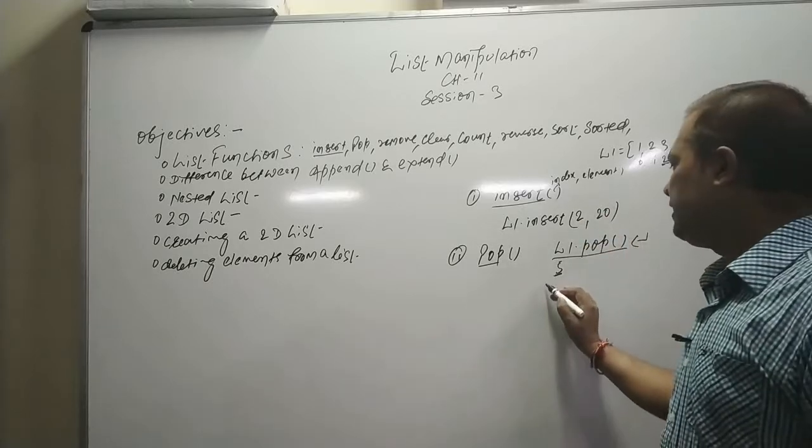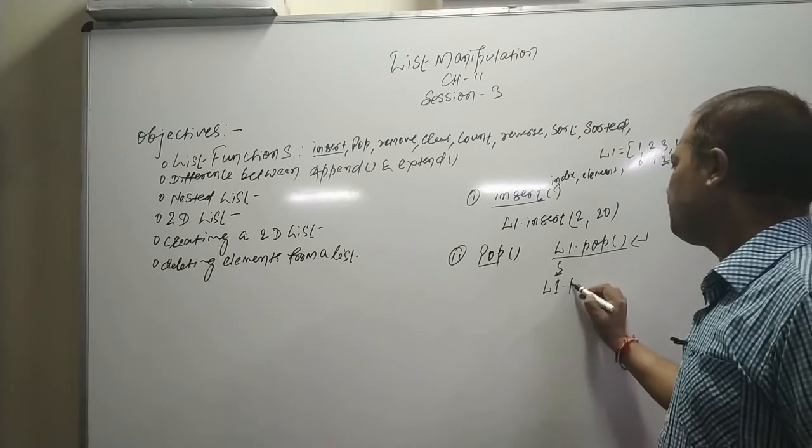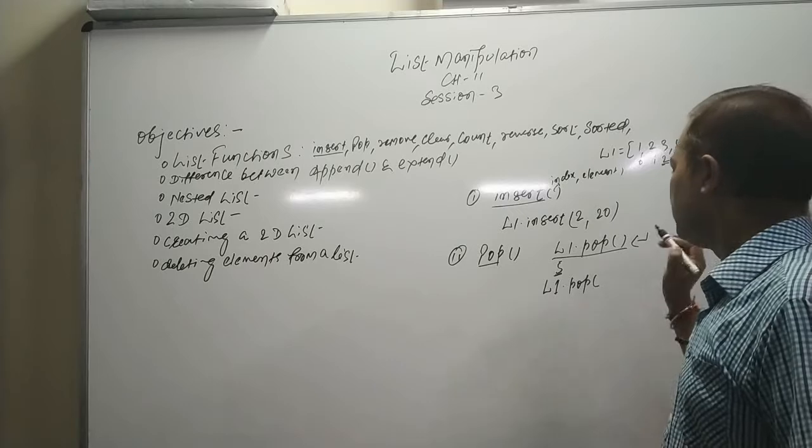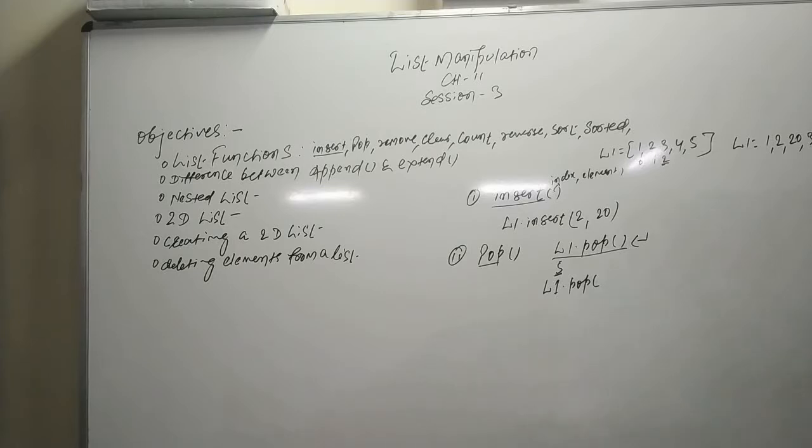But if you want to delete a particular element, you can use the list L1 dot pop and inside the brackets mention the index of the element that you want to delete. The pop method simply helps you delete it. That must be very clear. Pop can be used in two different ways.